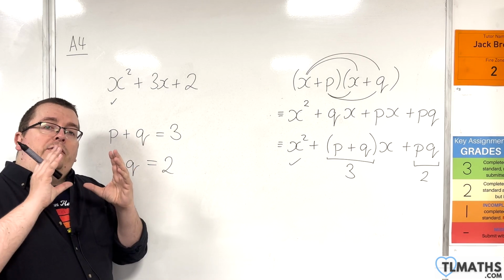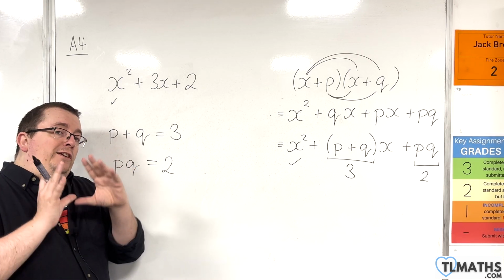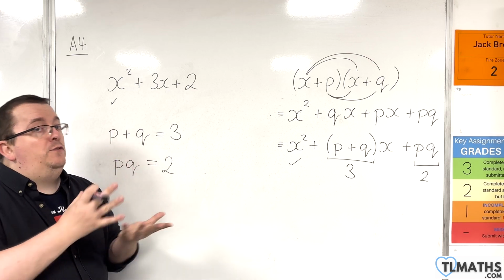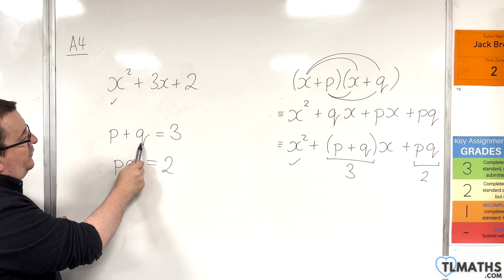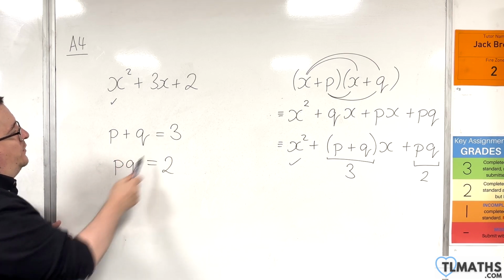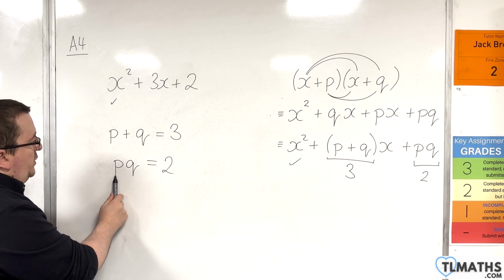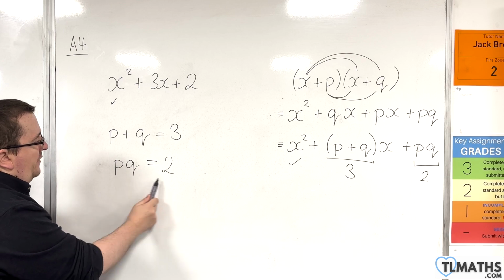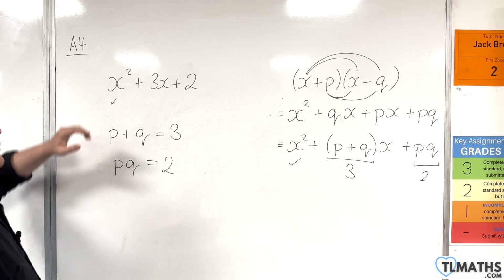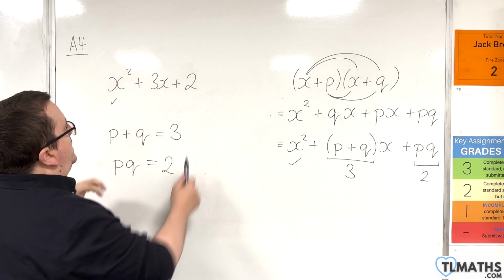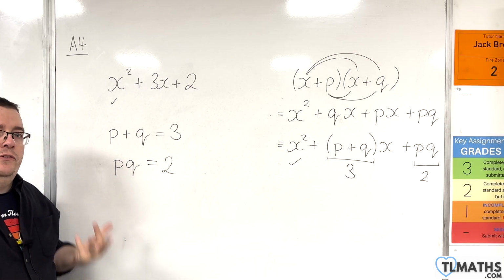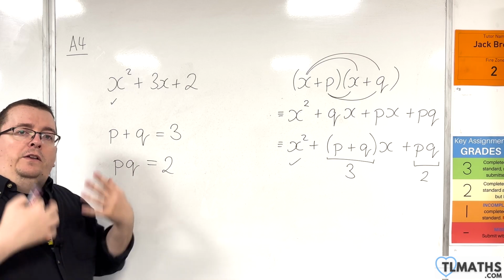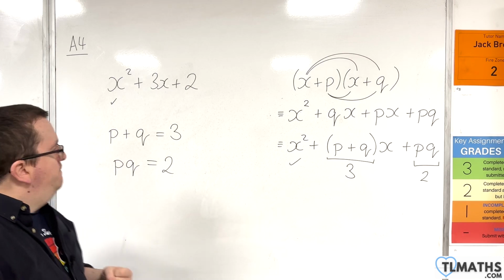But at the stage that we're at, we're just going to look at the two equations and ask, can we figure out what the numbers would be? We're looking for two numbers that add together to make 3, and multiply together to make 2. Can we think of any numbers that do that? That's our job here.